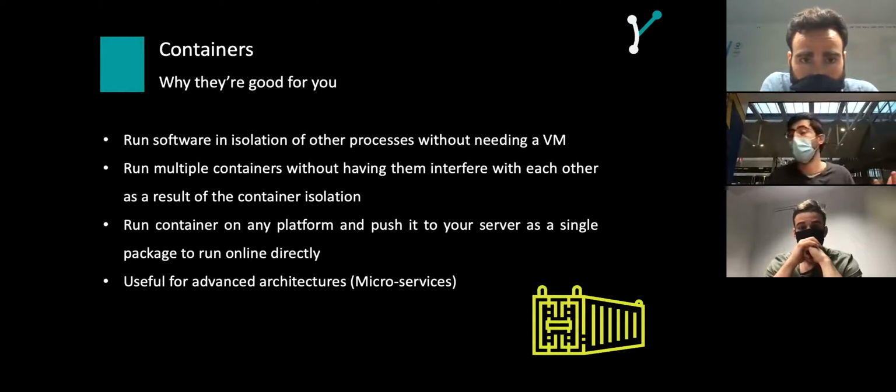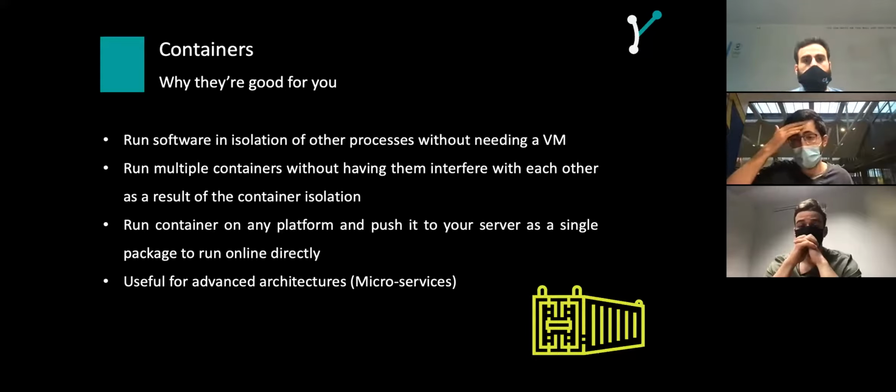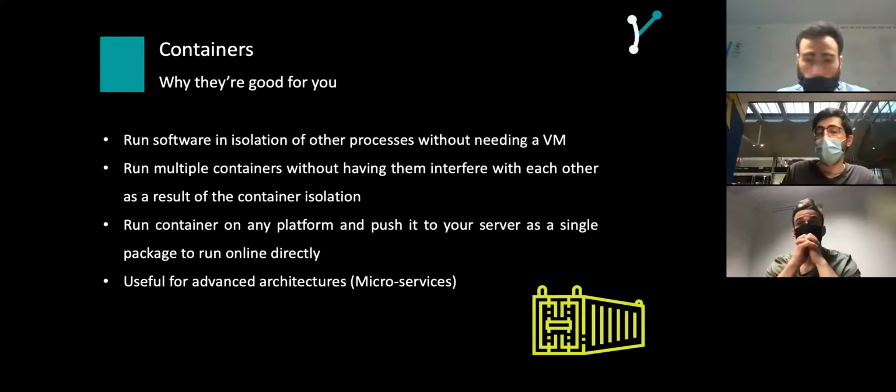You can, for example, run multiple language versions that might not usually be compatible. One example is Python 2 and Python 3. If you run them inside a container, there shouldn't be a problem because they're isolated, and that's the whole point. They're usually useful when you're doing advanced architectures like microservices.